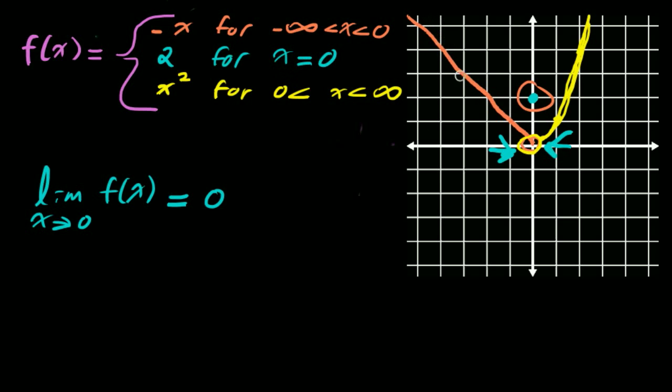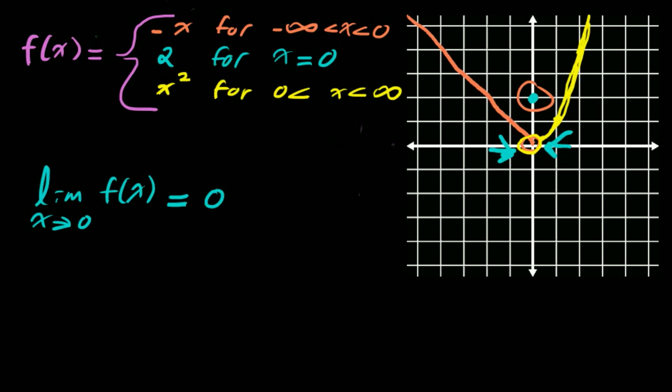But on both sides, we've got this function for all negative x that's just a slope of -1 with a y-intercept at 0, and then this function of x squared, which also intercepts at 0, 0. Both of those, from the negative side and the positive side, are approaching 0 as we get closer and closer to 0.